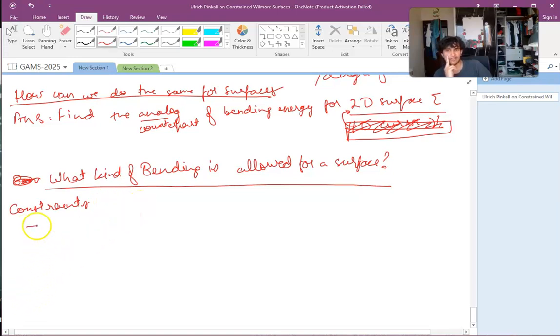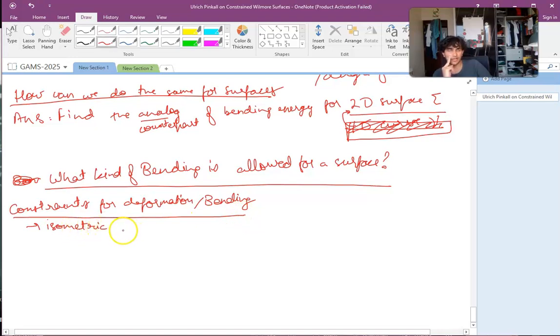Now the first constraint is the same as before. We want it to be isometric. Instead of bending, let's use the word deformation. Constraints for deformation: it needs to be isometric. Isometric as a word, iso means same, and metric means measure.